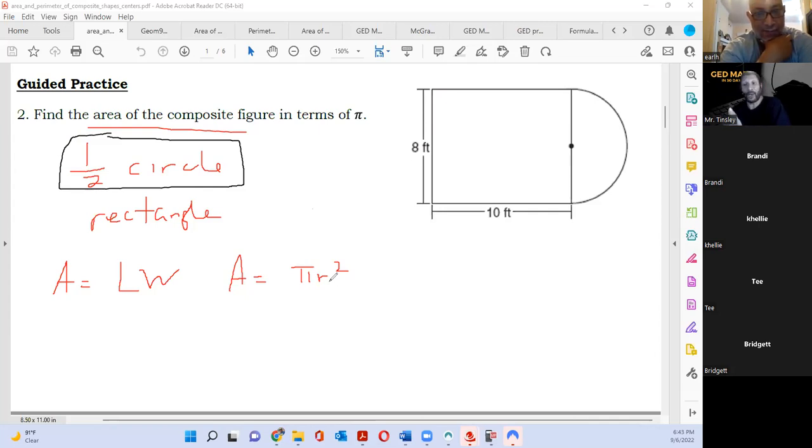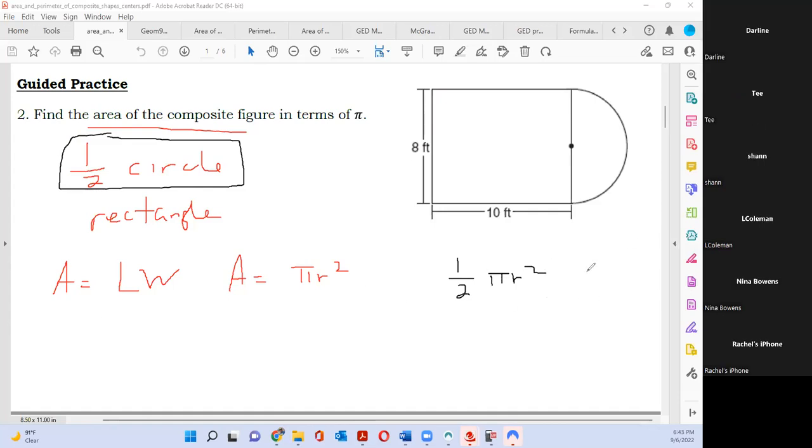So we can either do 1/2 pi r squared, or you just say pi r squared divided by 2. So we just want to take this and divide it by 2 to find the area of a half circle. So 8 times 10 is 80.